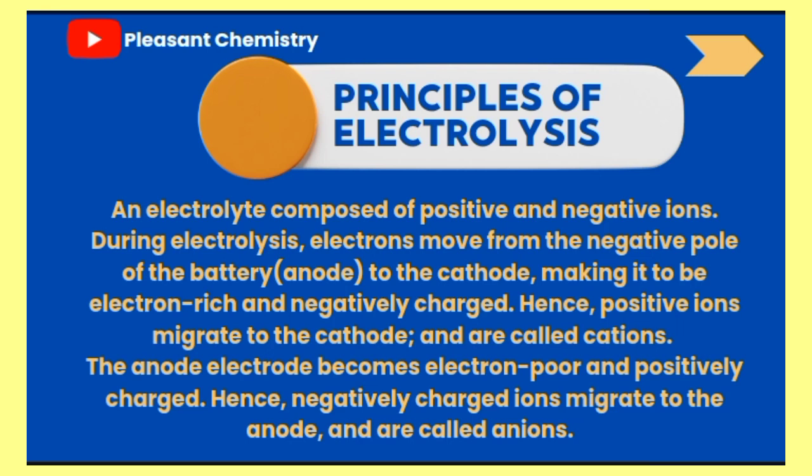Okay, so the cathode of the electrolytic cell is negatively charged. Hence, positive ions migrate. So like I've explained earlier, the cathode attracts the cations and the anode attracts the anions, and that is the summary of the principle of the electrolytic cell.